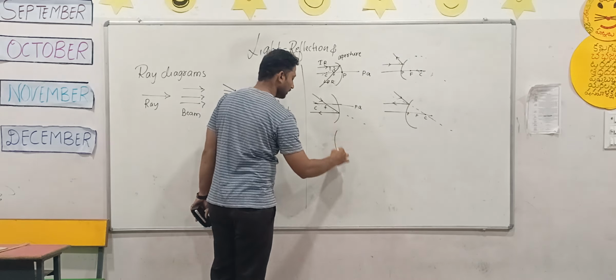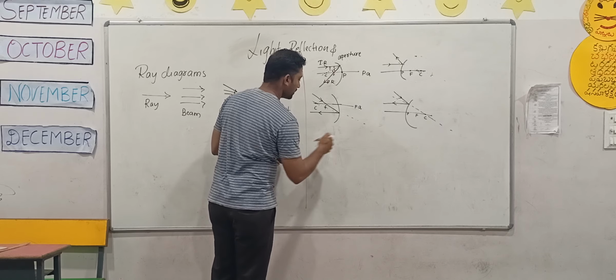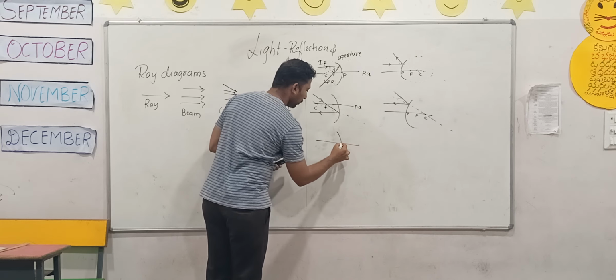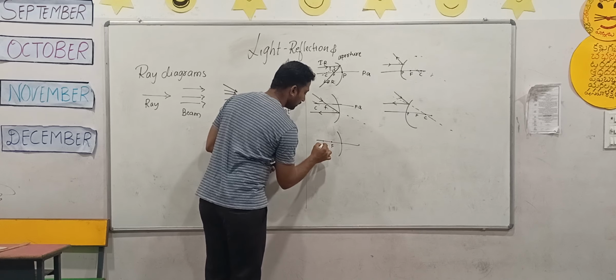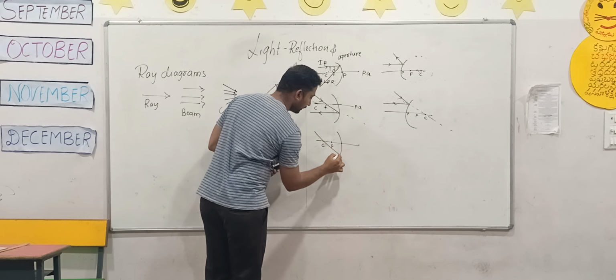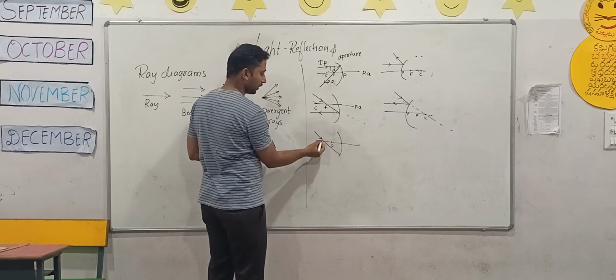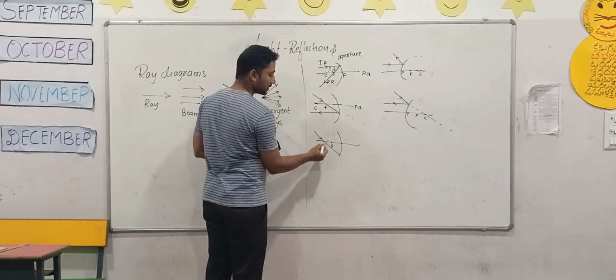Next, if you take a light ray which is incident from the point C, this is the point of incidence. From here it is incident at this point. What happens in this case?